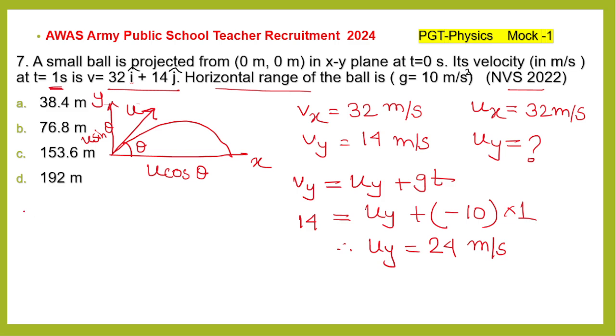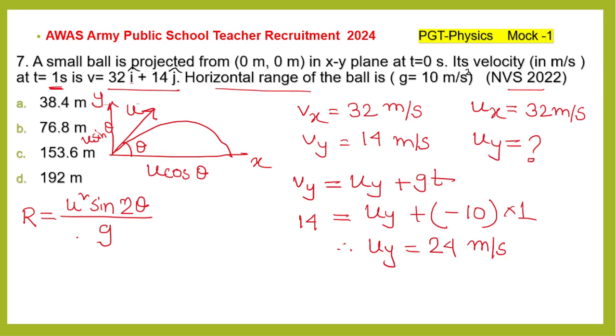Now what is the formula of horizontal range? R is equal to U square sine 2 theta by g, right?